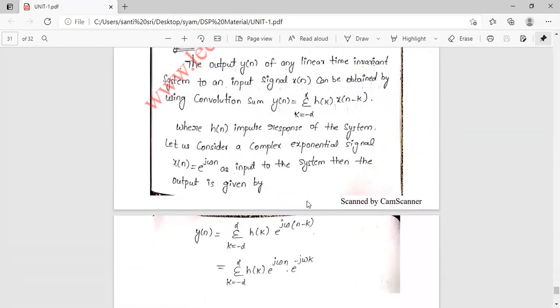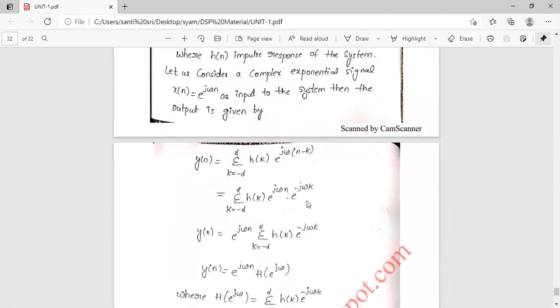So sigma k equal to minus infinity to infinity h of k into e power j omega n into e power minus j omega k. Extracting e power j omega n outside, y of n equals e power j omega n into sigma k equal to minus infinity to infinity h of k into e power minus j omega k.